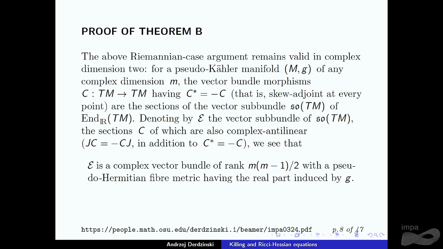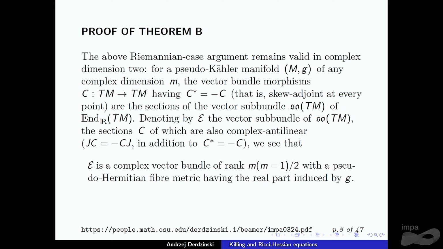So this is the proof of the theorem I named theorem B, which says that this conclusion about real holomorphicity of Killing fields on compact pseudo-Kähler manifolds in real dimension 4, in complex dimension 2, does not require assuming the dd-bar property about the underlying complex structure.